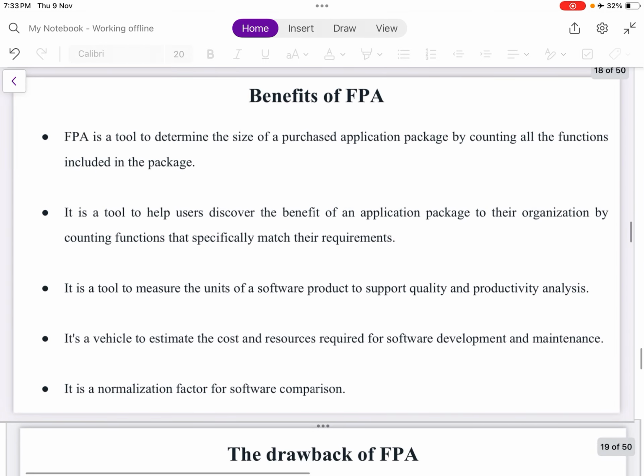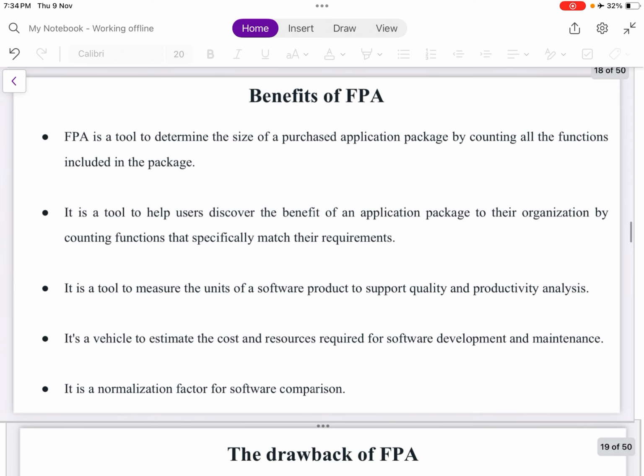Next is benefits of functional point analysis. FPA is a tool to determine the size of a purchased application package by counting all functions included in the package. So it will count the size of the package by counting all the functions that are included in the package. It is a tool to help users discover the benefit of an application package to their organization by counting functions that specifically match their requirements.